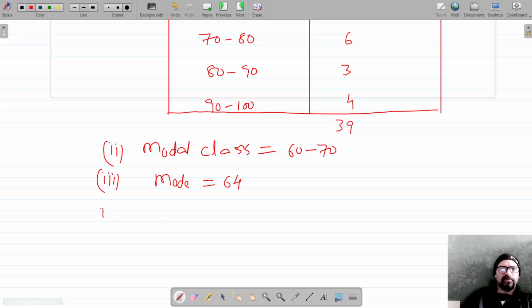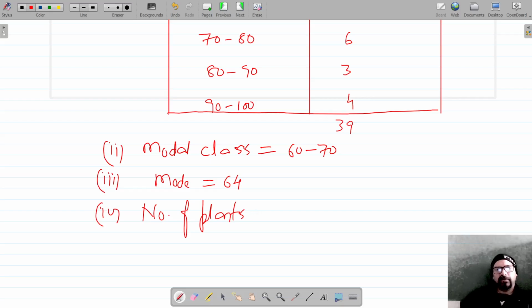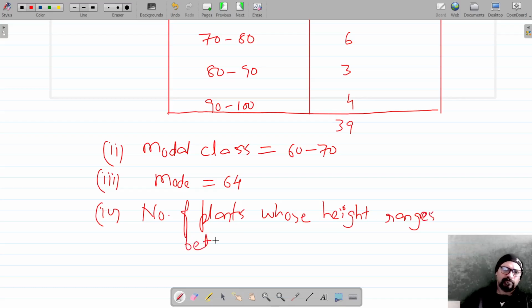So the number of plants whose height ranges between 80 to 90 is equal to 3, from the histogram.